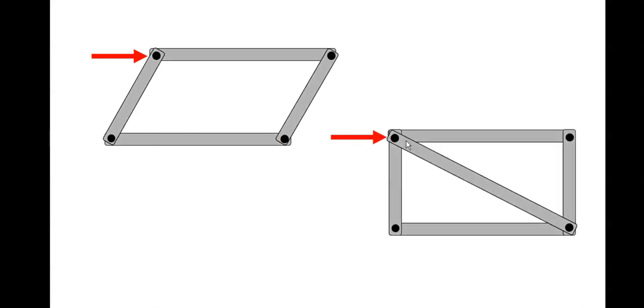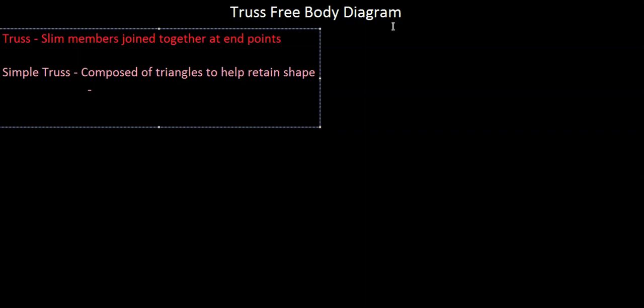But if we take the same system and put a member through the middle, making a triangle, you can see there's a member to push back on that force. These horizontal members will act in the X direction, and these vertical ones will act in the Y direction, but this triangle member will act in both the X and Y direction. And that's what helps it retain the shape.